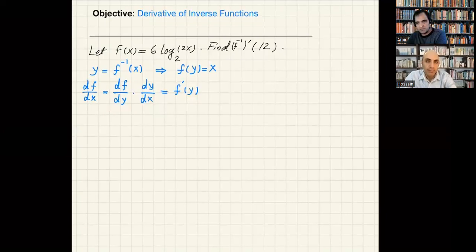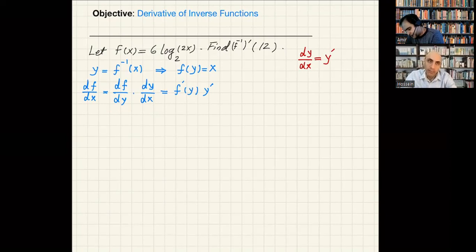Here f prime means the derivative in terms of y, and dy over dx is y prime. On the right, I write again this one with this notation, y prime, that's the short form.